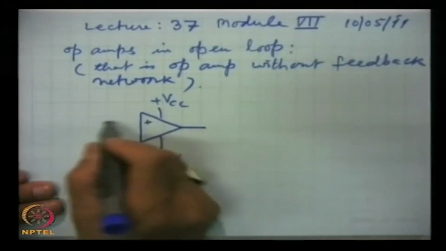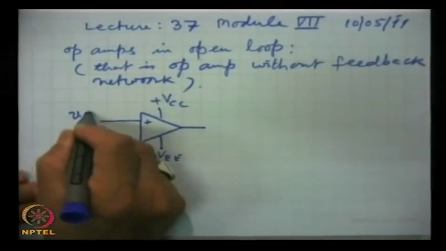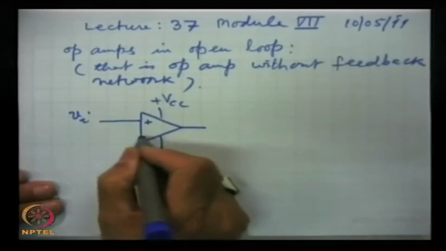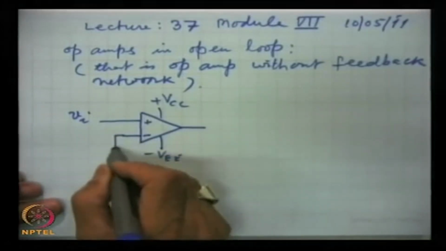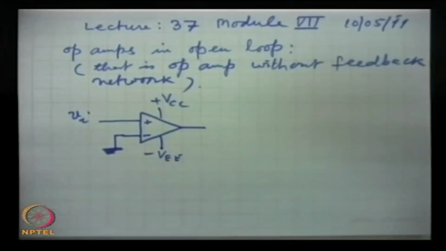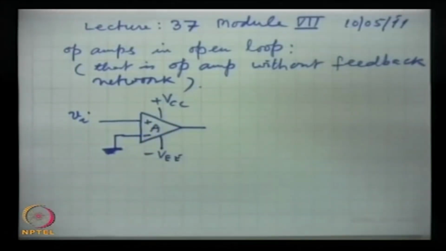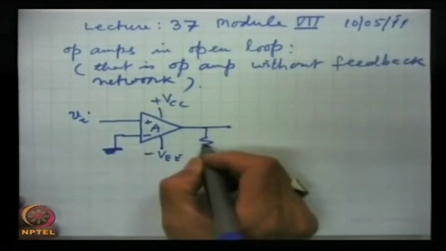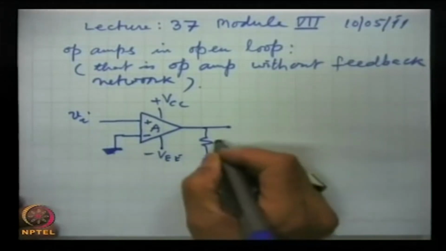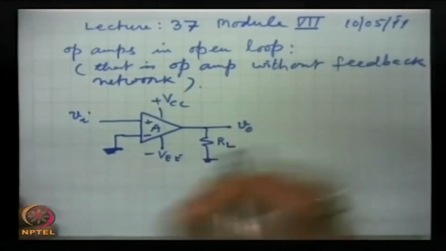This is the non-inverting input to which we apply an input signal, and let this inverting input be grounded. Now, this A is the open loop voltage gain and V out we take from here, across RL, and this is V out.